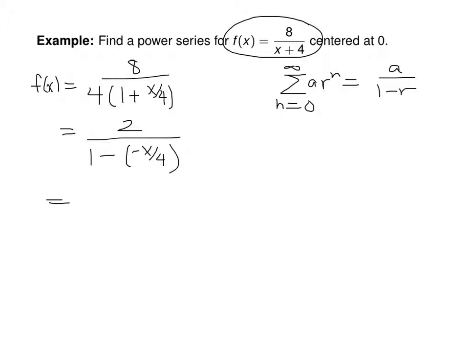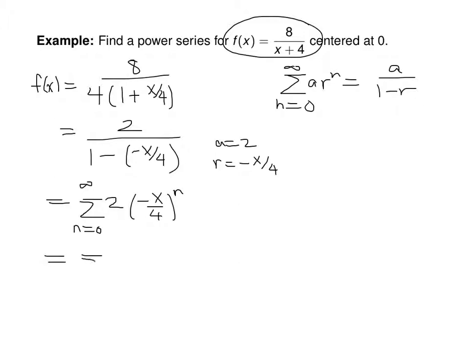And now using the fact that a is equal to 2 and taking r equal to negative x over 4, this is the same thing as the sum from n equals 0 to infinity of 2 times negative x over 4 to the n, which is the same thing as the sum from n equals 0 to infinity, negative 1 to the n times 2x to the n over 4 to the n.